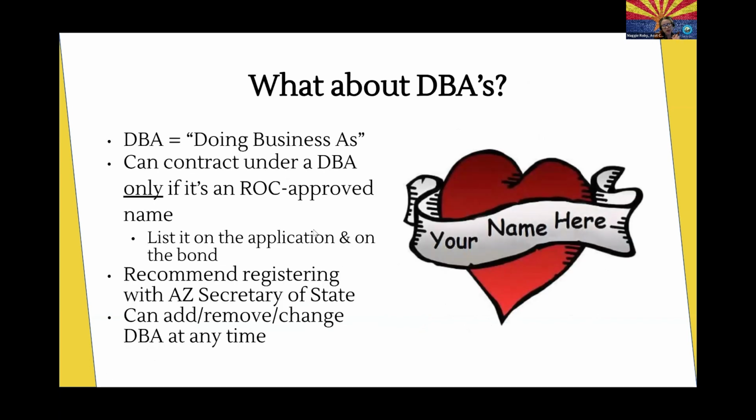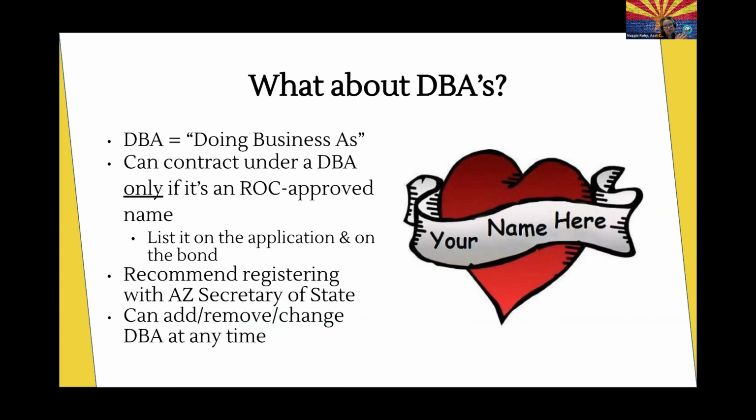Your license can also hold a DBA. A DBA stands for doing business as. You can contract under your DBA if it is a ROC approved name, meaning it has to be listed on your license. In order for it to be listed on your license, it needs to be listed on part 1 of your application, where you will input your DBA.